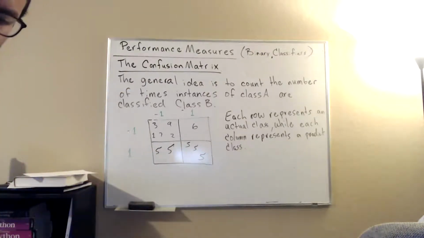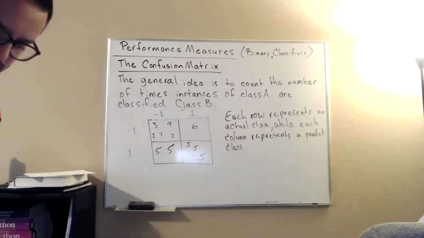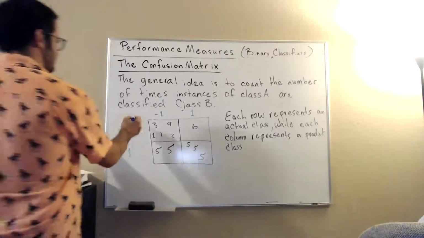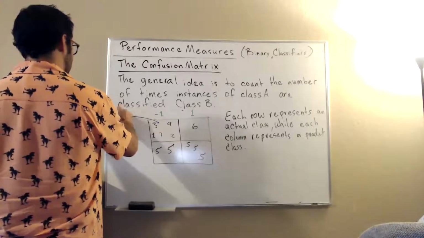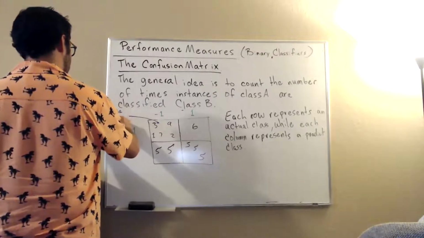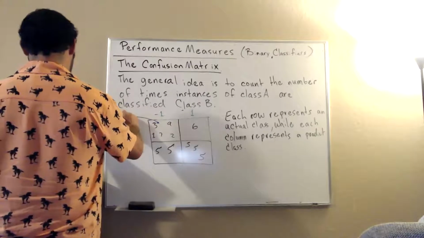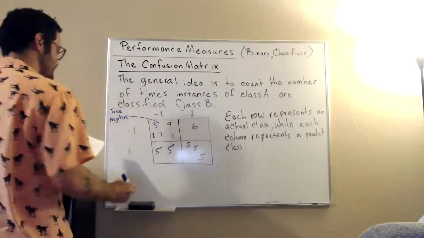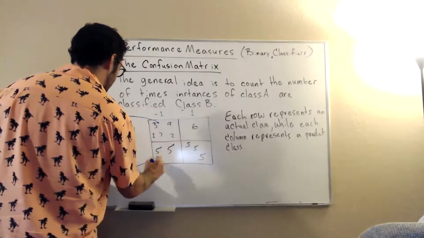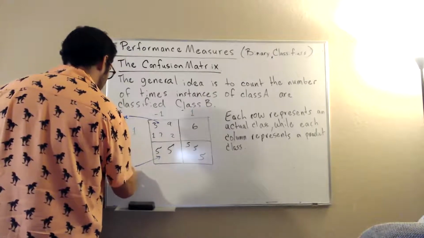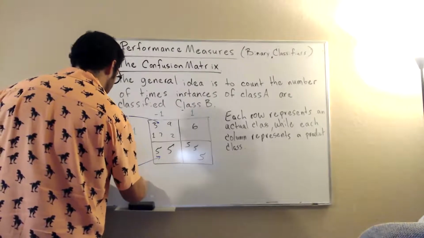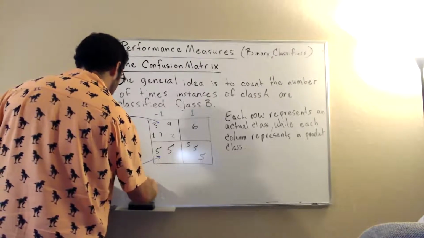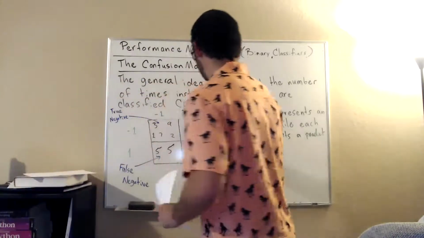Okay. So here we would have what's called true negative. Here we have false negative. Here we have false positive.